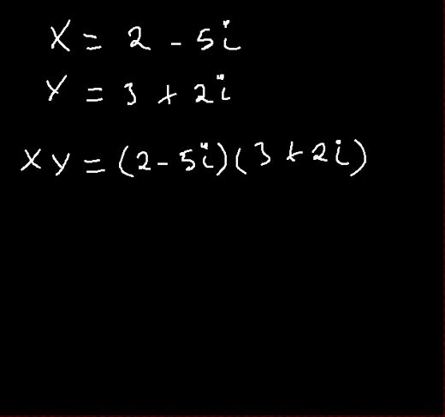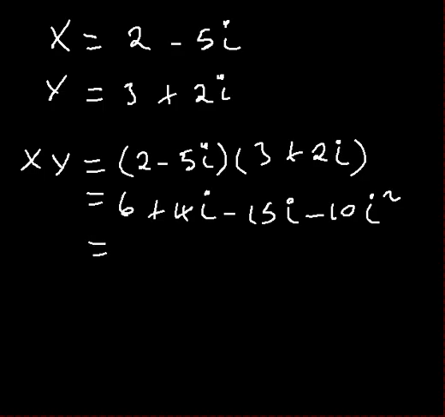For this case, we have 2 times 3, that is 6, and 2 times 2i, that is 4i, and negative 5i times 3, that is negative 15i, and negative 5i times 2i, that is negative 10i squared.